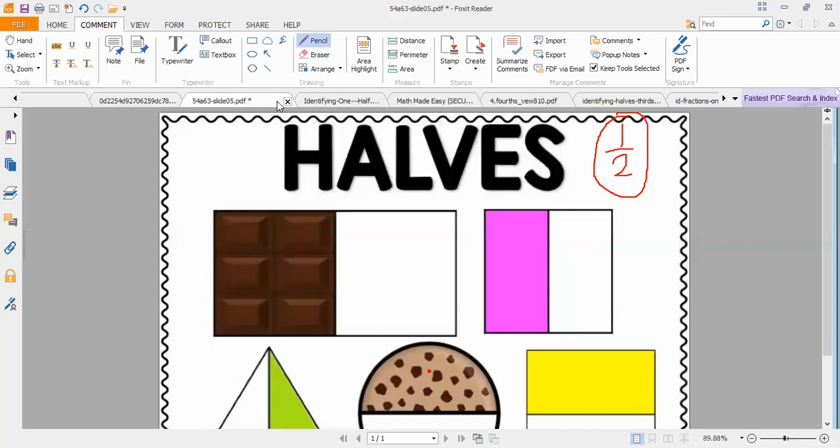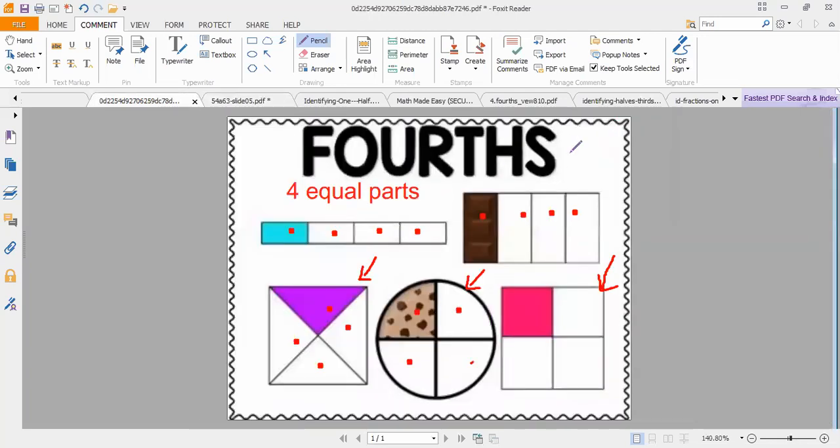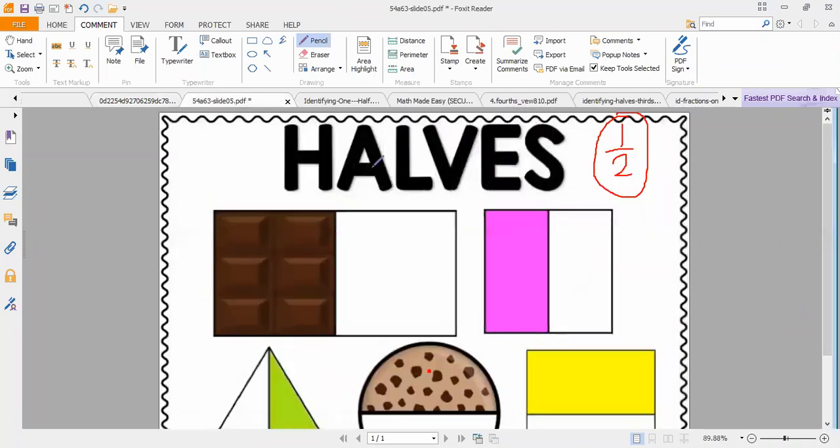Okay, 1/4, how can I write 1/4 with numbers? Come on, Mustafa. How can I write 1/4 with numbers? Yeah, we wrote 1/2 as a 1/2. One part colored out of two parts.